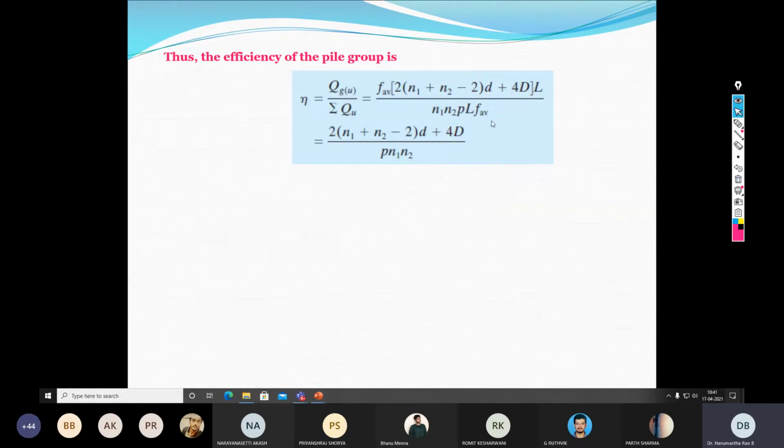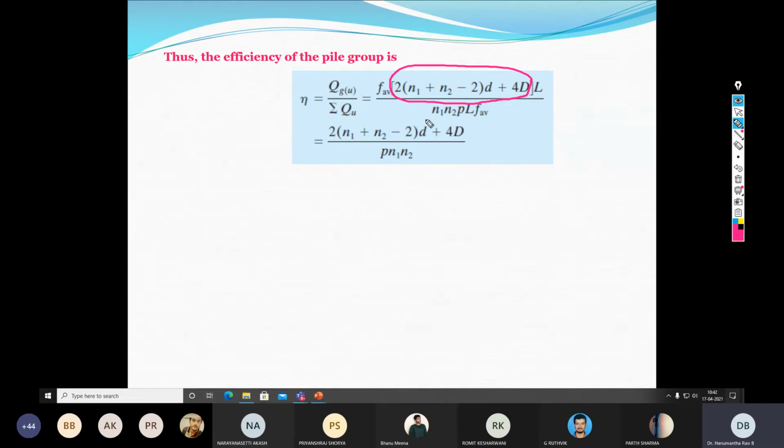Now substitute the same thing here. F average into the inside bracket, which represents the perimeter of the pile group, multiplied by the overall length of the pile, divided by the skin friction of the individual pile.